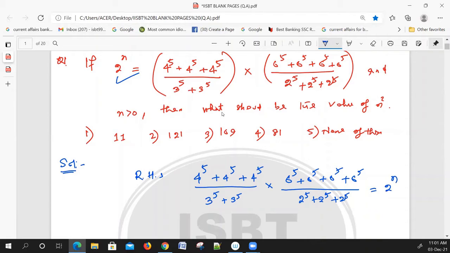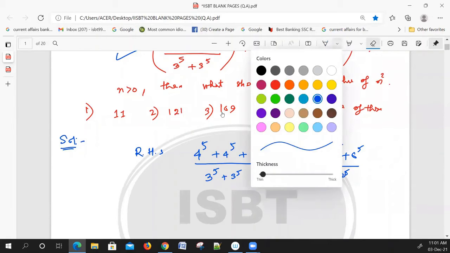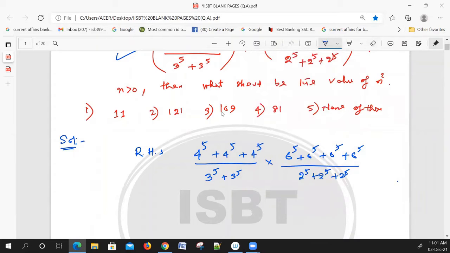This is LHS. Okay, so now we analyse this part. This is equal to 2 to the power n.